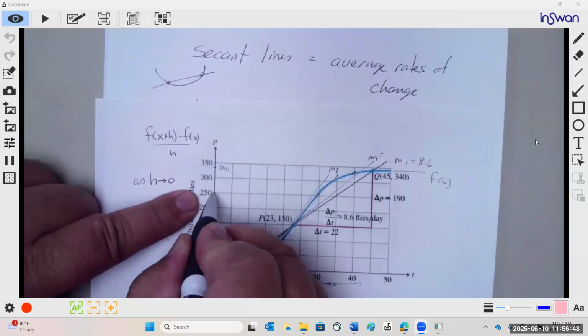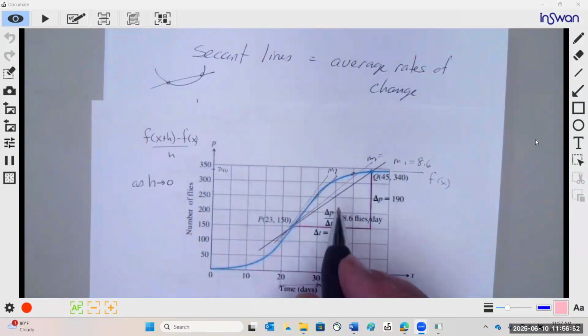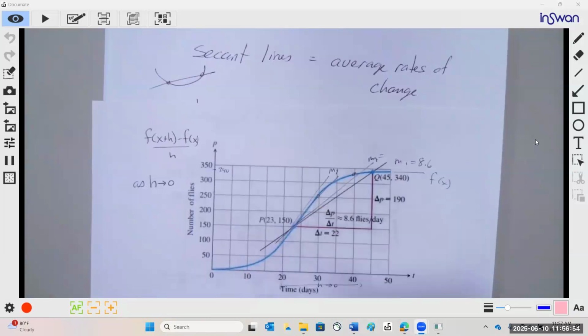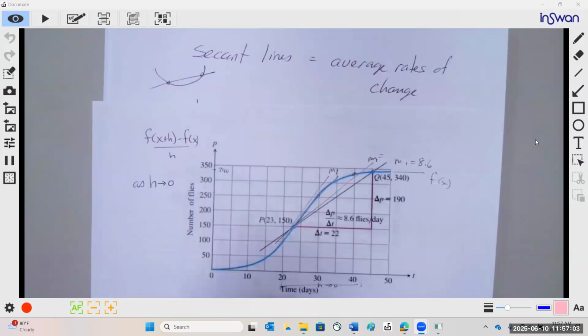It's bigger than 250. Is it 260 or is it 255 at this point here? So you see, the x values you pick will determine how accurate your values are going to be. But it's still going to approach a specific value.